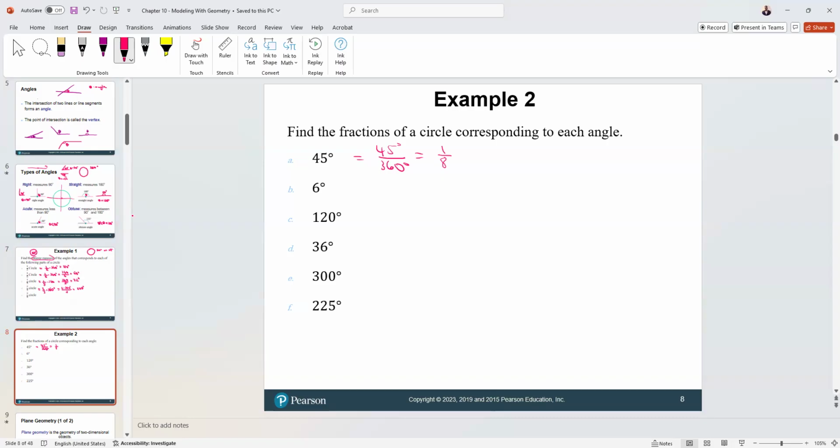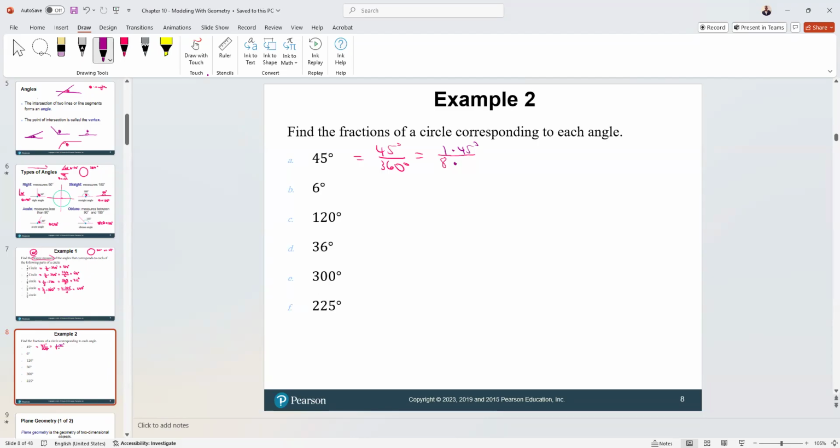So the top part would be 45 times 1, or we can say 1 times 45 degrees.